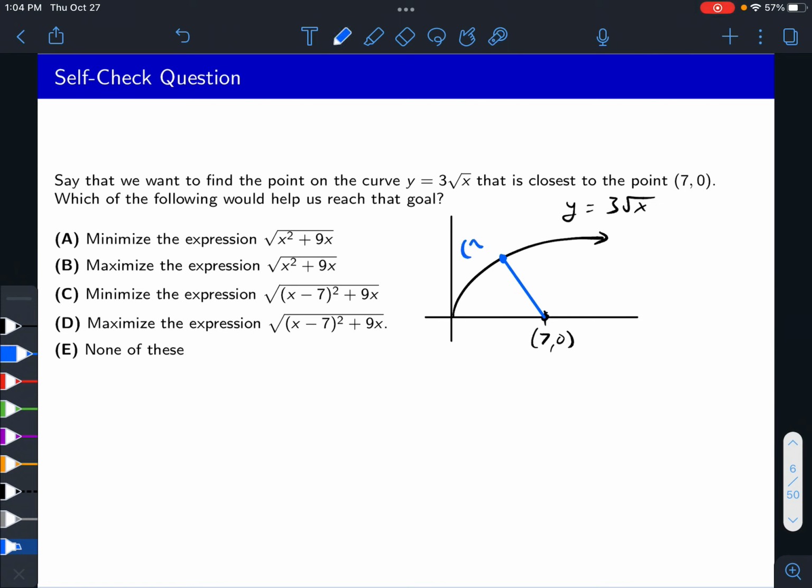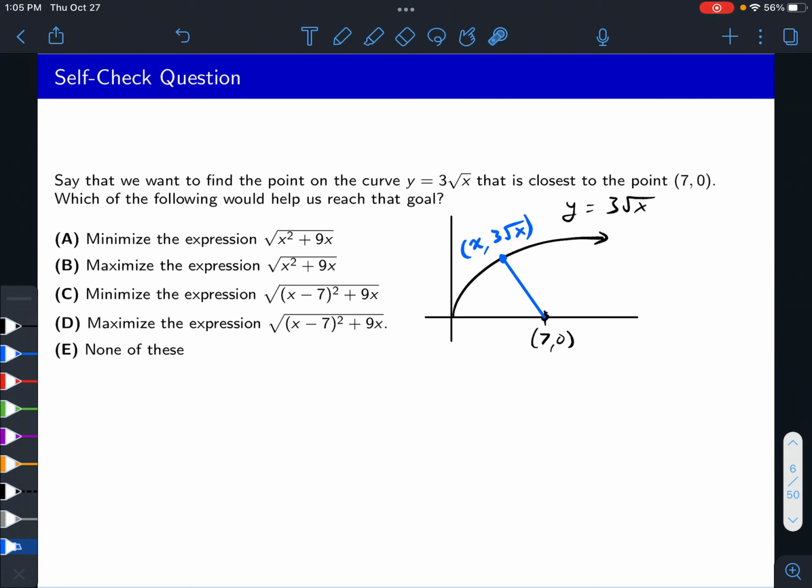What is this point over here? So this is the point on the curve y equals 3 square root of x. So it would be x comma 3 square root of x. So we just have some arbitrary x value, and then our y value would just be given by this formula.